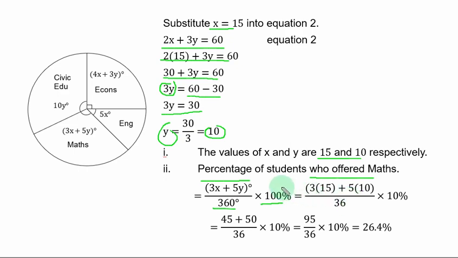We've already removed the 0, so here is 36, then 10%. If you simplify the numerator, you have 45 plus 50 over 36 times 10%. That simplifies to this. If you multiply and divide, you have 26.4%.